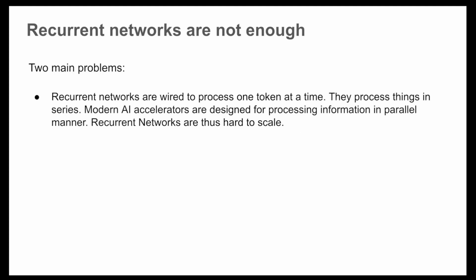There are two problems with recurrent networks. The first is that recurrent networks are designed to process one token at a time. In other words, they process things in series. And our modern accelerators, let's say GPUs, are designed to process information in parallel. So recurrent networks are hard to scale.